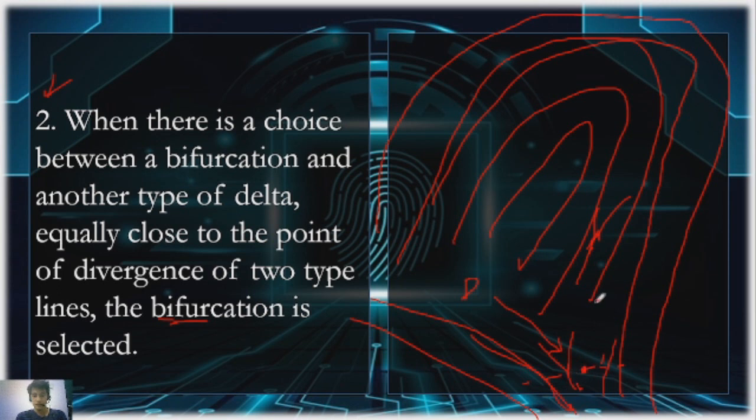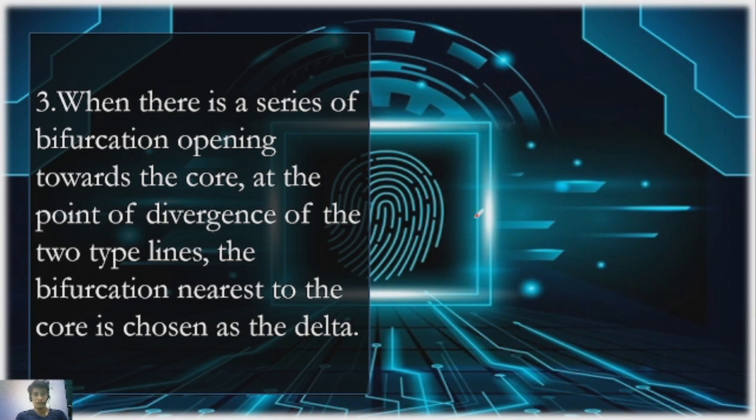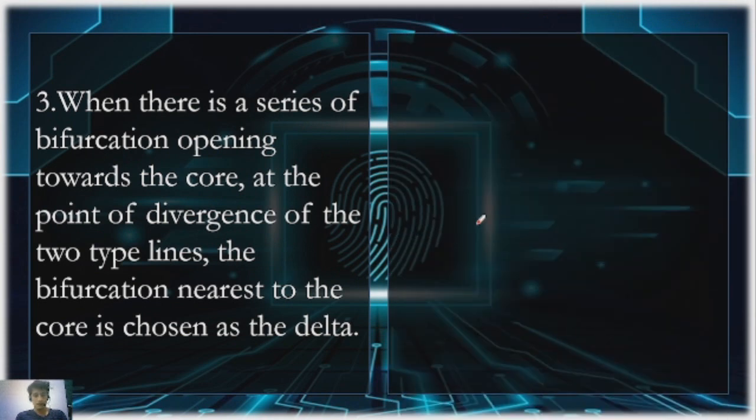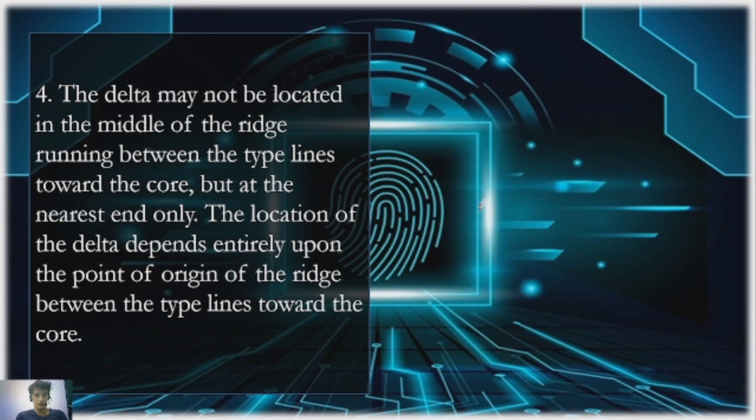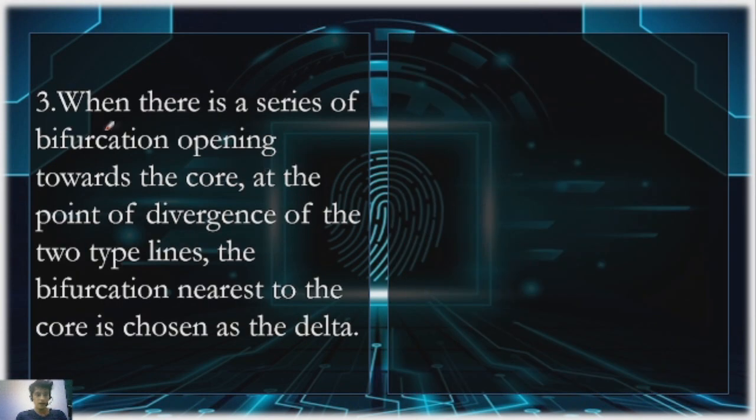All right, so anyway, we have here also rule number 3 to further have explanation on the other rules. So number 3, it says here, when there is a series of bifurcations opening towards the core at the point of divergence of the two type lines, the bifurcation nearest to the core is chosen as the delta. So again, let's say I have here, when there is a series of bifurcations.